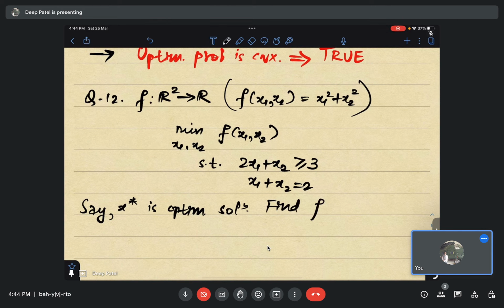Find the value of the function at this optimal point. So how do we go about this?